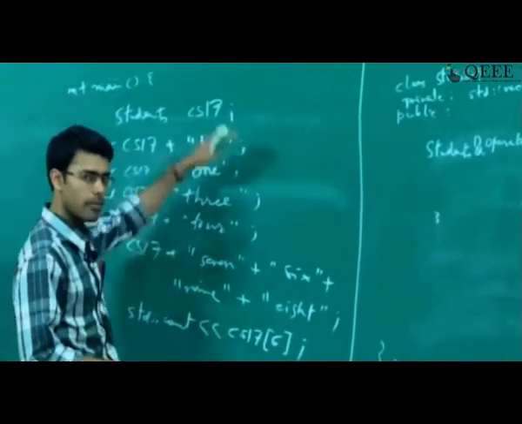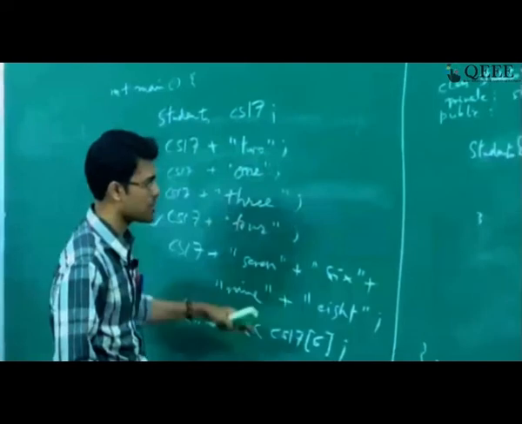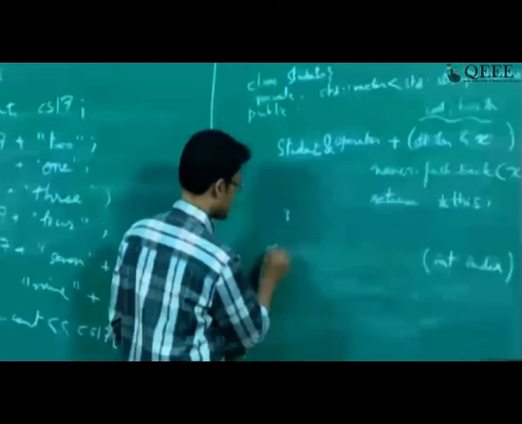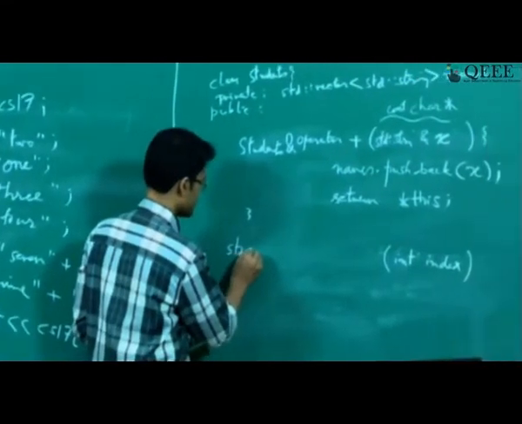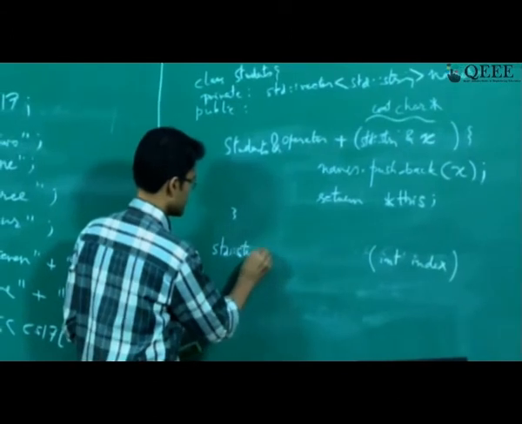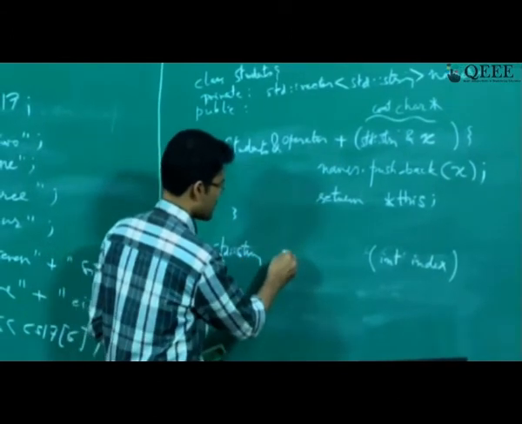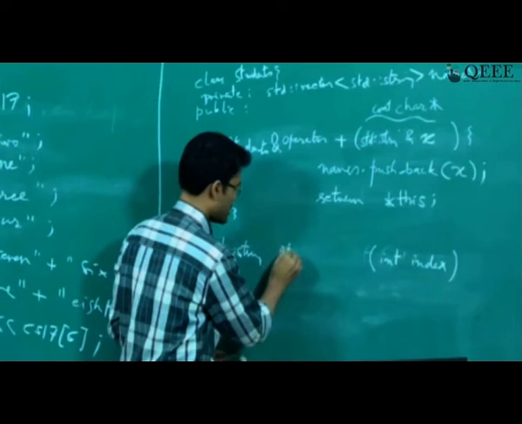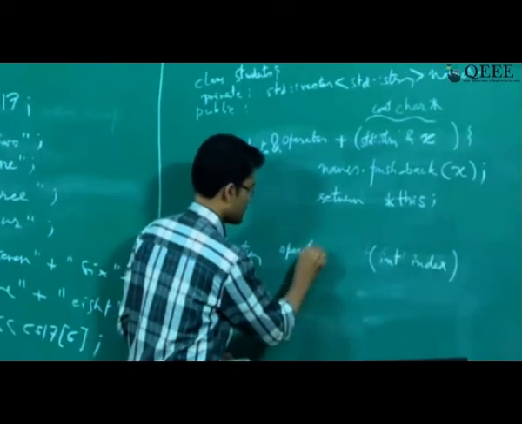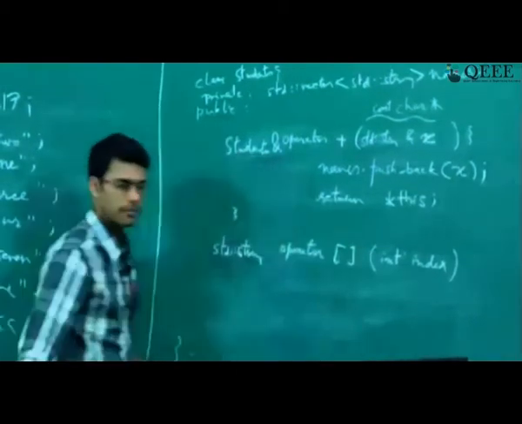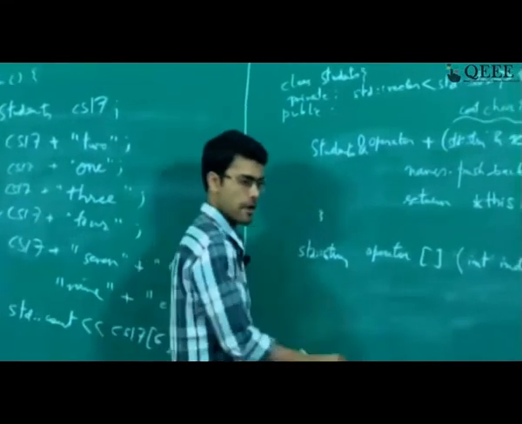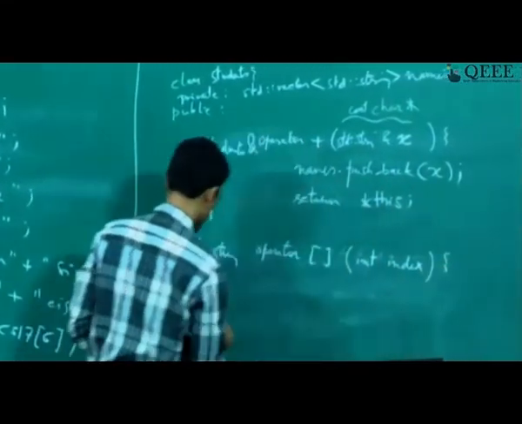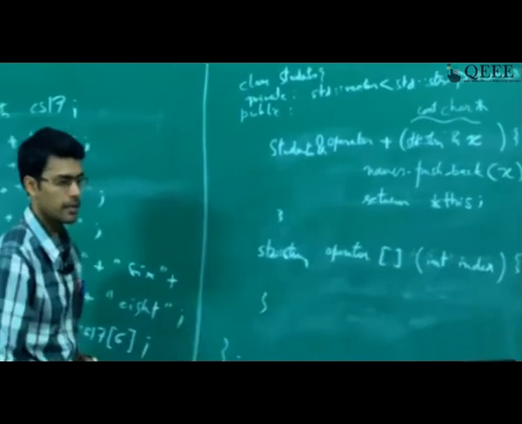And what is that element type? Well, we have said that these are all strings, so it should return a string. And I should say operator subscript. Right? Alright, so how should that be implemented?